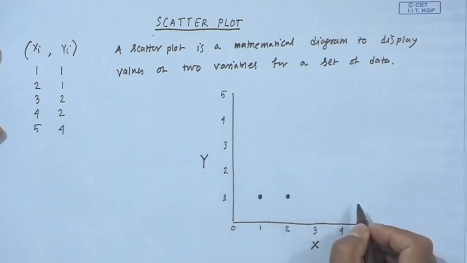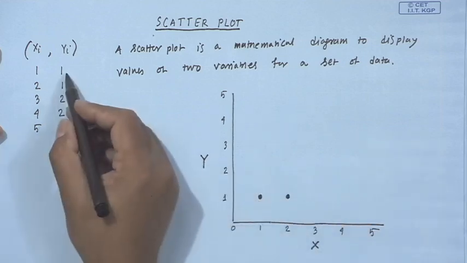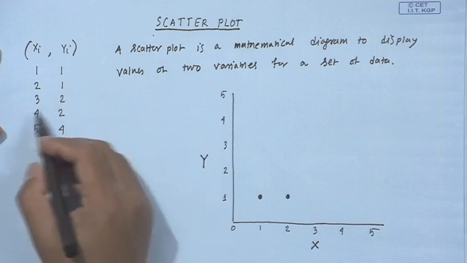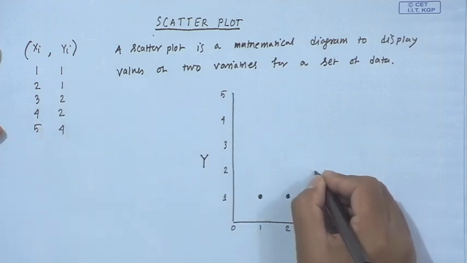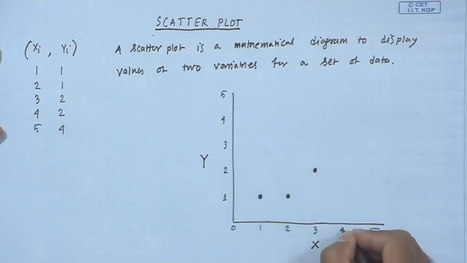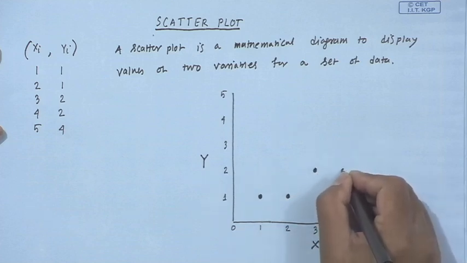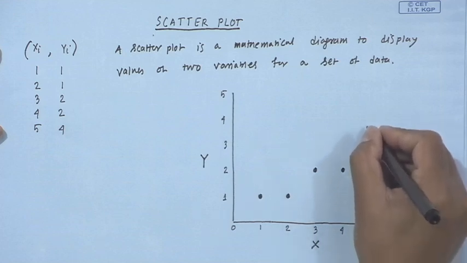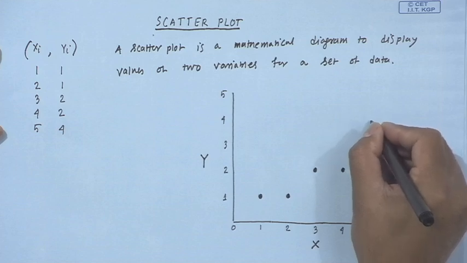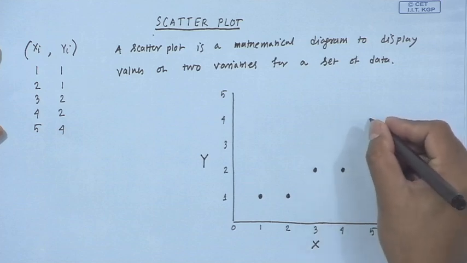So, these two points correspond to these two data points, and then 3, 2 is here, and next 4, 2 here, and then 5, 4 here.